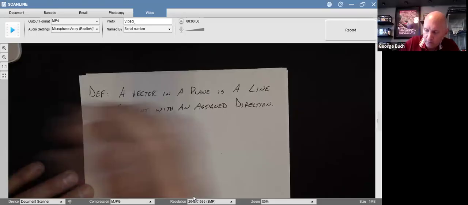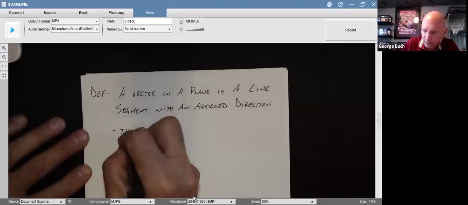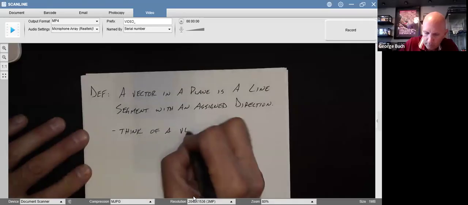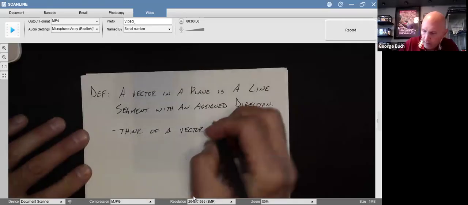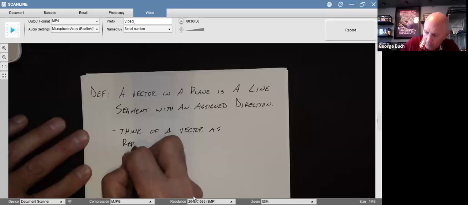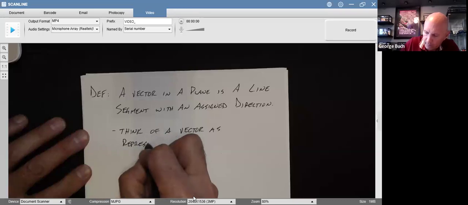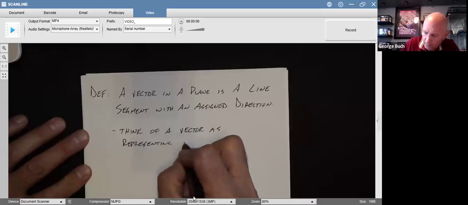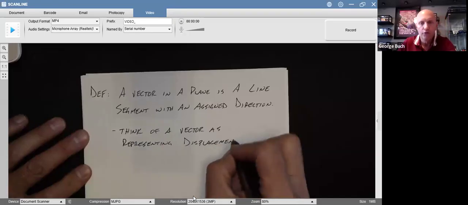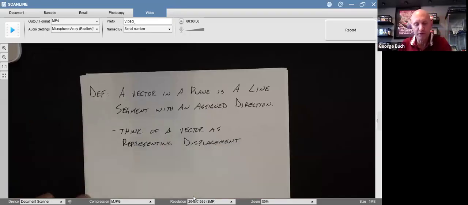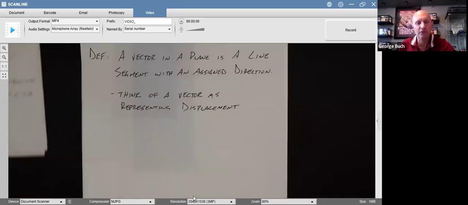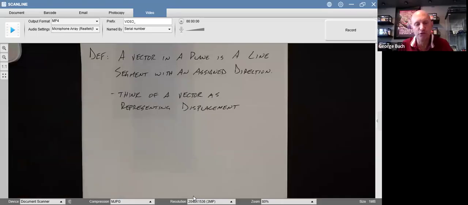And so a way to visualize this or think about it is think of a vector as representing displacement. So the fish starts at some point, it moves its prescribed distance over a certain amount of time in a certain direction.